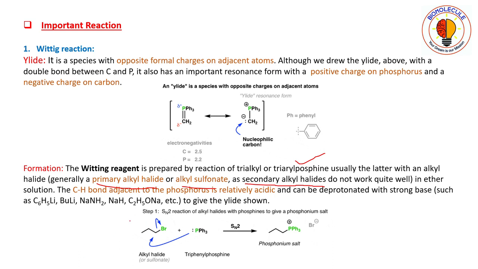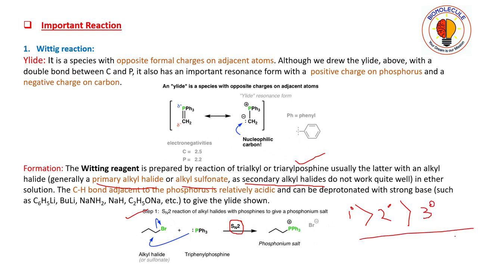If we look into the reaction, that is the reaction of trialkyl phosphine or triaryl phosphine with alkyl halides, we can see that this reaction is a bimolecular nucleophilic substitution. That is, it is an SN2 reaction, and we know that in SN2 reactions the reactivity of the alkyl halides follows the order 1 degree, 2 degree and 3 degree.